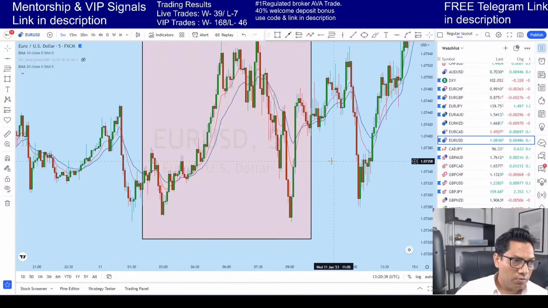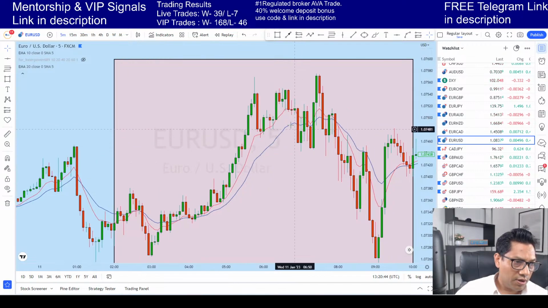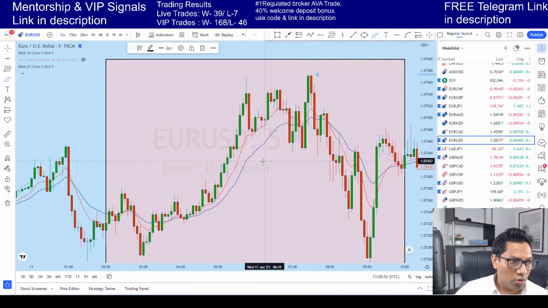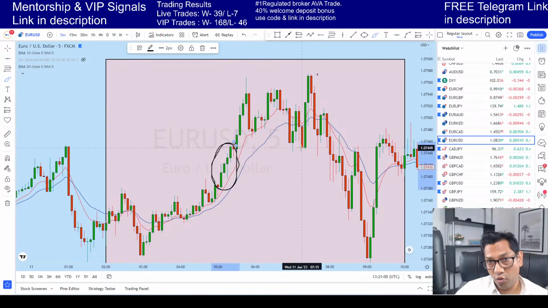So now let's say this doji here, or these dojis. What's the difference? The difference is that probably this zone has all the volume that you see on the 4-hour candle.